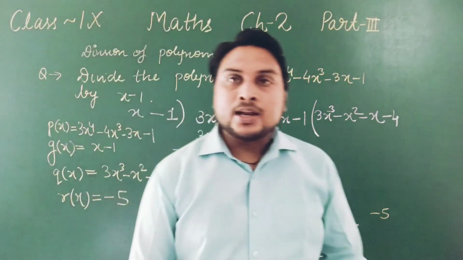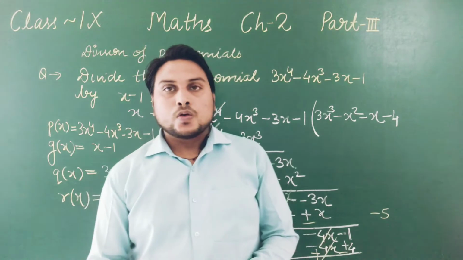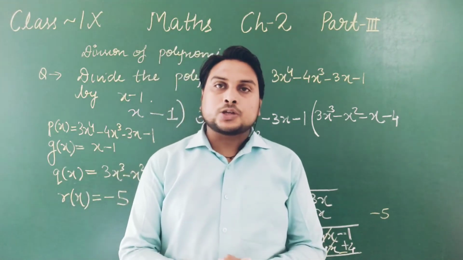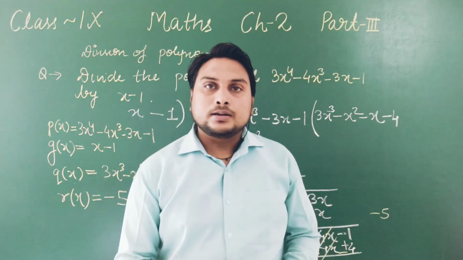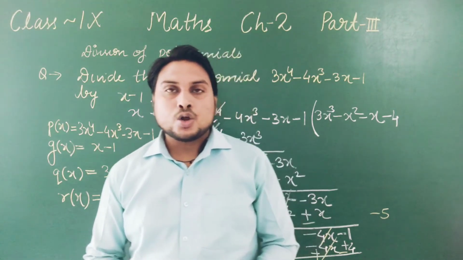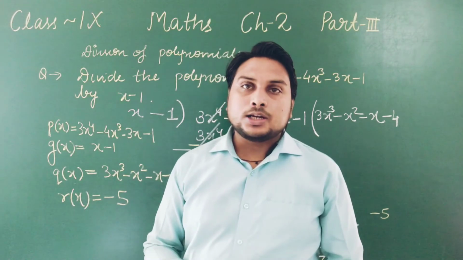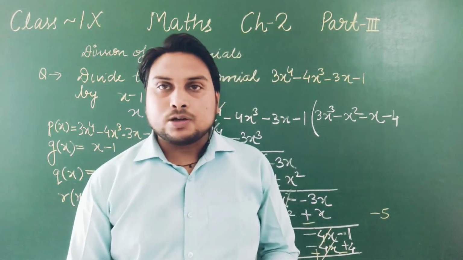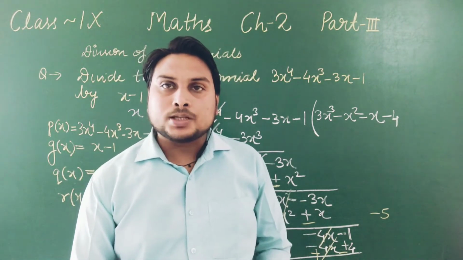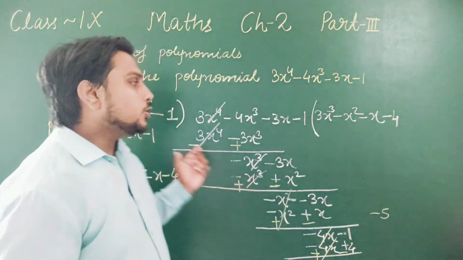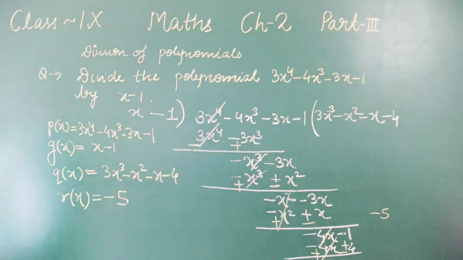And in our earlier classes, we have studied a relation among dividend, divisor, quotient and remainder. What relation was there? The relation was: dividend is equal to divisor into quotient plus remainder. Firstly you just note it down, and then I am going to write it.